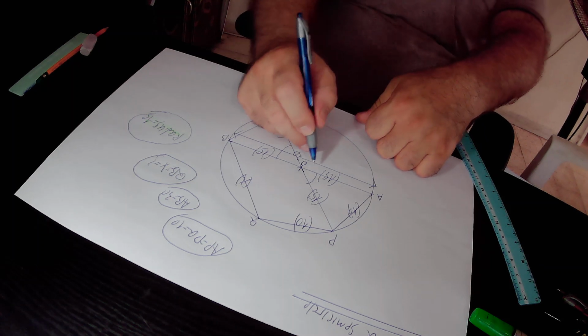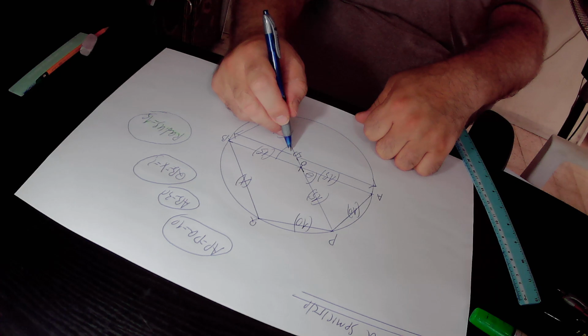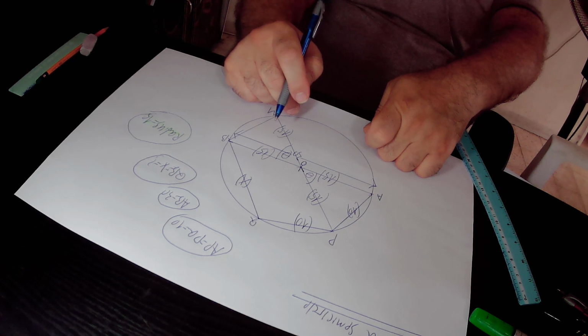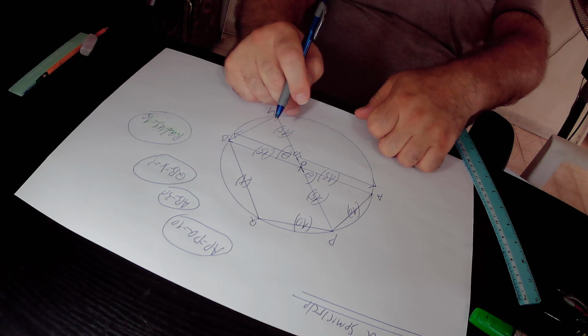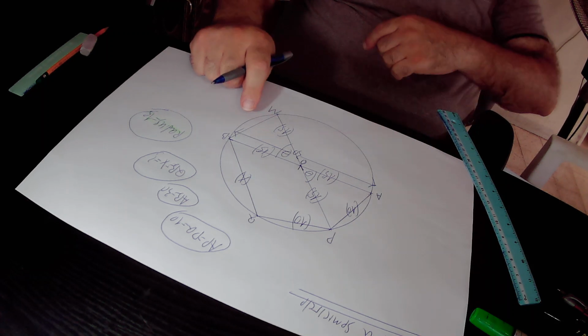So if we define this angle as theta, then this angle must also be equal to theta. So in the next step, we prove that those two triangles are congruent.